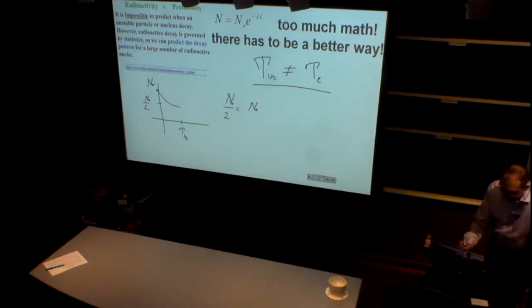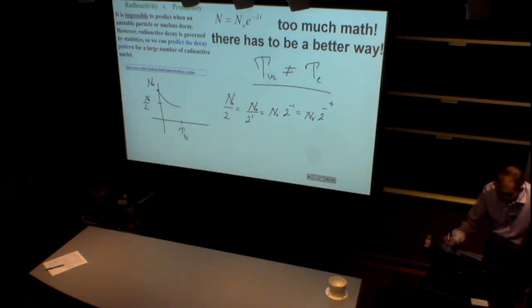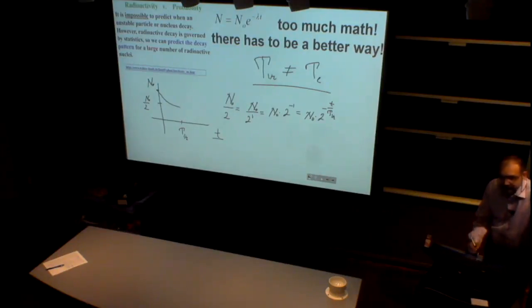Well, over 2 to the first, or times 2 to the negative first, or times 2 to the negative, and this is the ratio between this instant and a half-life. So if we wait a certain period of time, we can count how many half-lives we can fit in it.